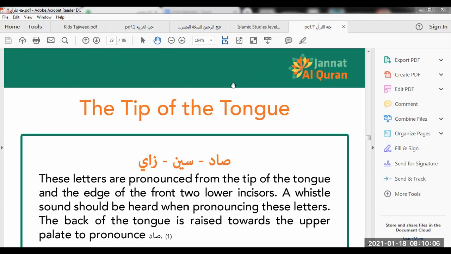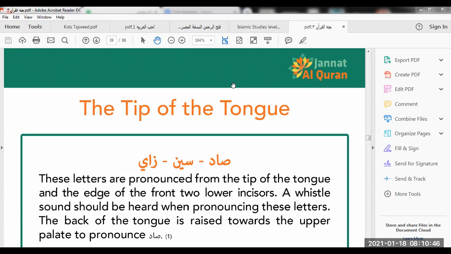The deepest part of the throat, the beginning of the throat nearest to the chest, has 2 letters, hamza and ha. The middle of the throat has 2 letters, ayn and ha. The part closest to the mouth, called in Arabic أدنى الحلق, has 2 letters, غين and خاء.